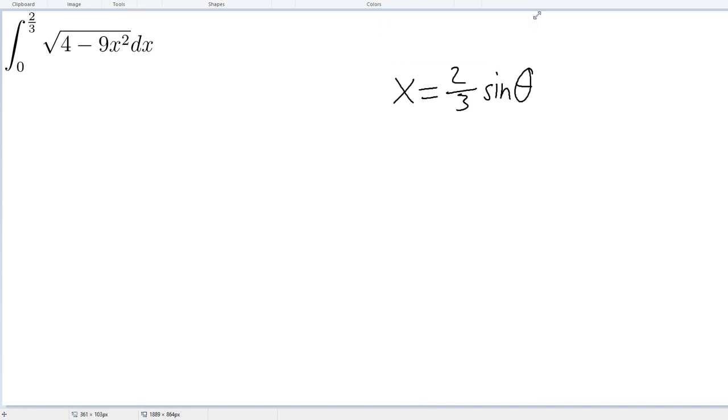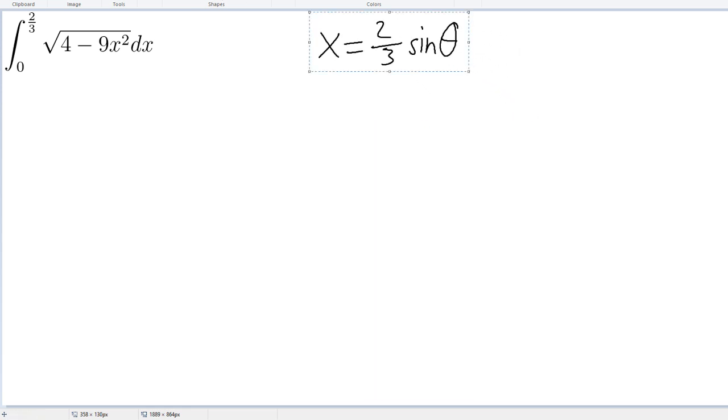Cool. So I'm just going to delete this and move this upwards. Now we differentiate this. Our dx is 2/3 cosine theta d theta. Now that we have that, we'll go ahead and set up our integral.